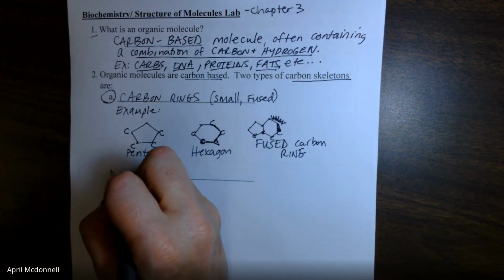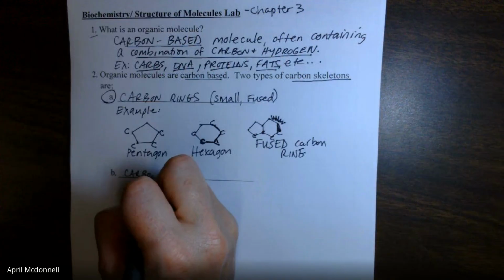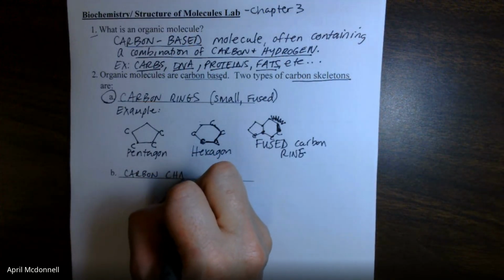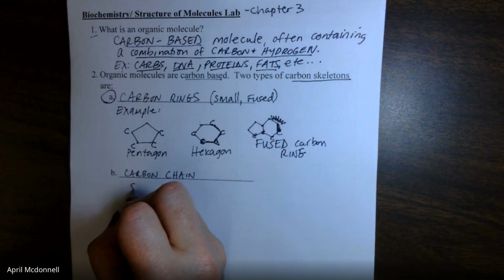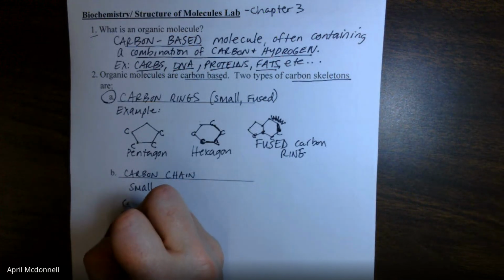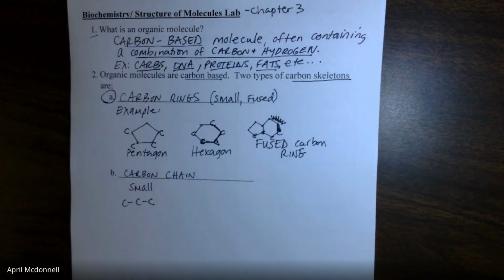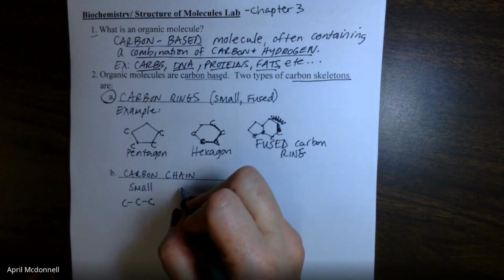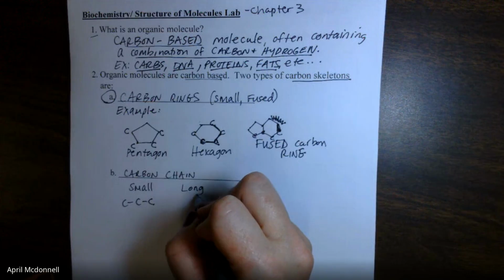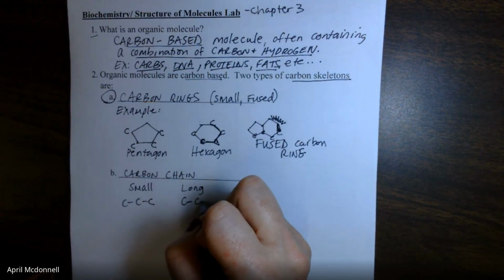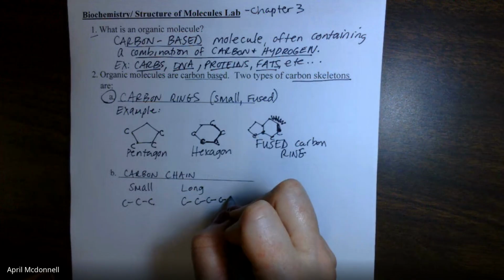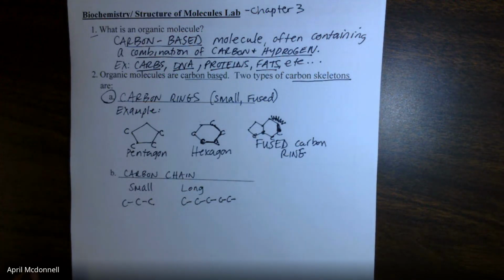The other type of carbon skeleton is going to be called a carbon chain. We have small carbon chains. Looks like we have 3 carbon atoms connected together to form a small carbon chain. We have long carbon chains, a bunch of carbon atoms bonded together to form a long chain of carbon atoms.